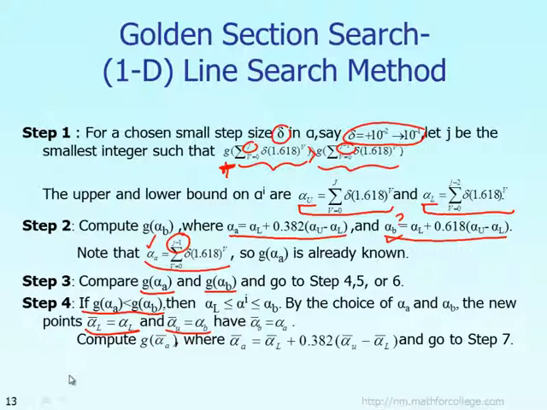Since you have a new upper bound, again you only have to compute one new point, which is the new point alpha A, because the other point alpha B already exists. And then you go to step number 7. So step number 4, you do it if g alpha A is less than g alpha B.